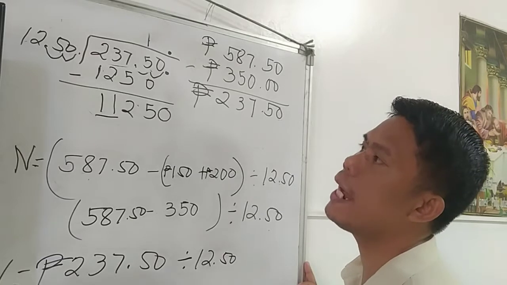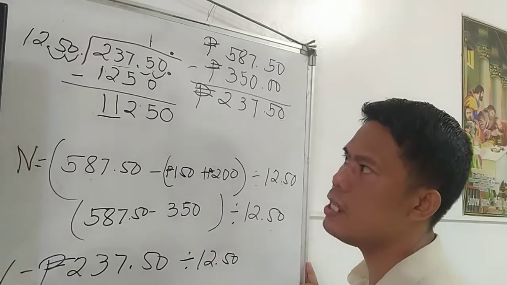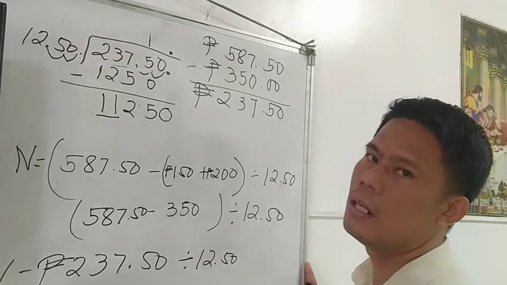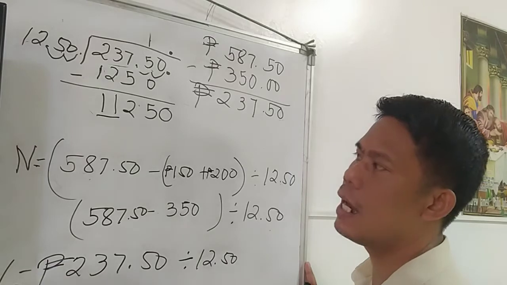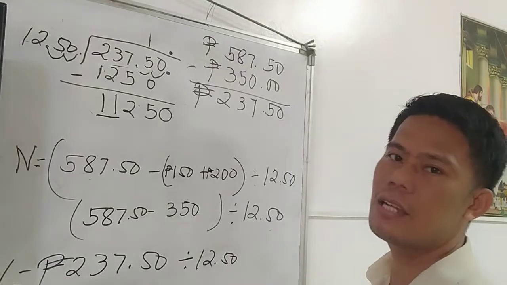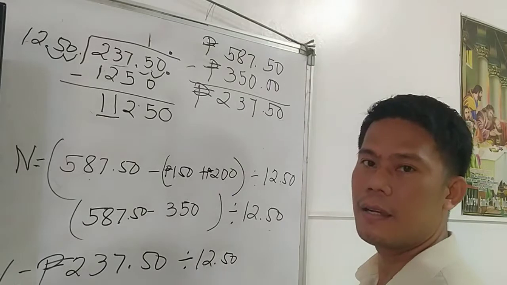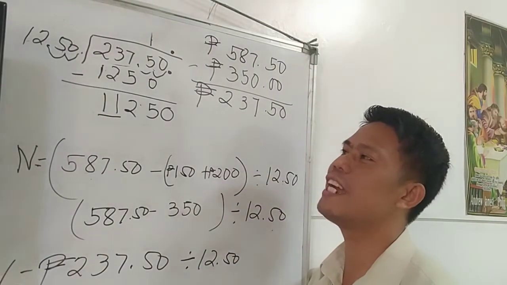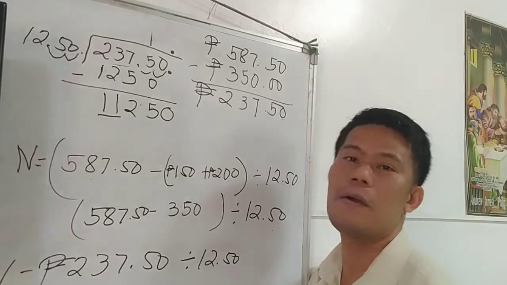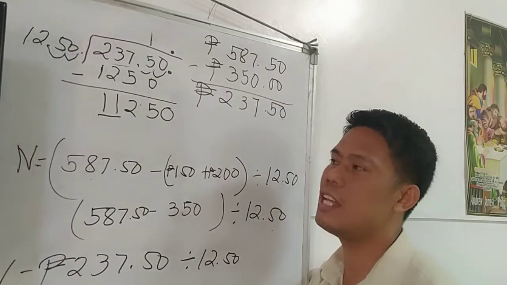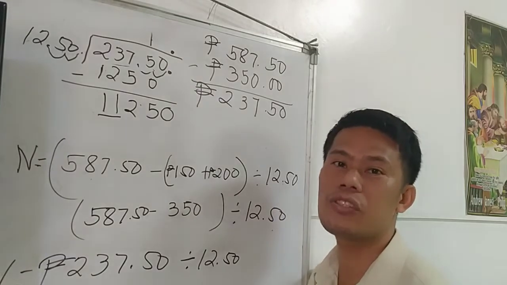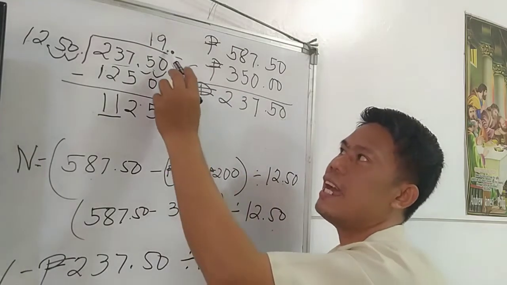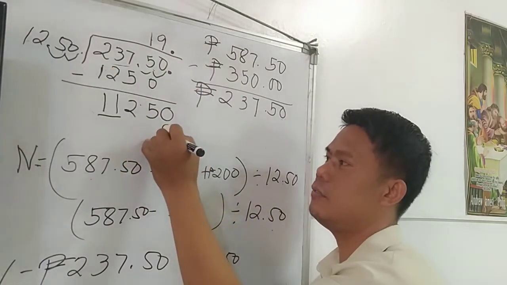If we write 8, the product may not reach 11,000. So we are going to try 9. Okay, let us try 9. 9 times 0 equals 0. Very good.